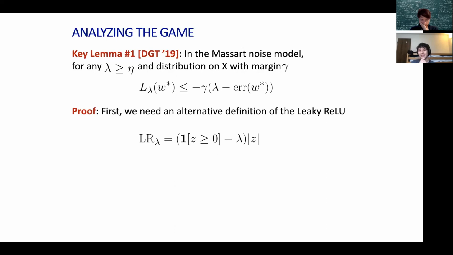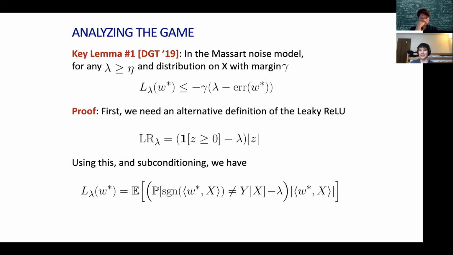It turns out you pretty much just write out the definition of everything, and it's immediate. First, you can rewrite the leaky ReLU in this way. The reason that was really good is because when you have an indicator and you take expectation, you get a probability.